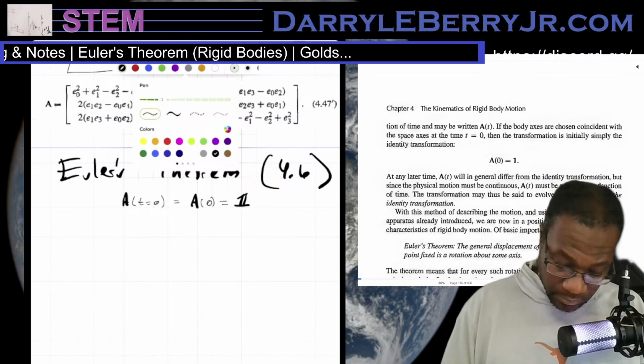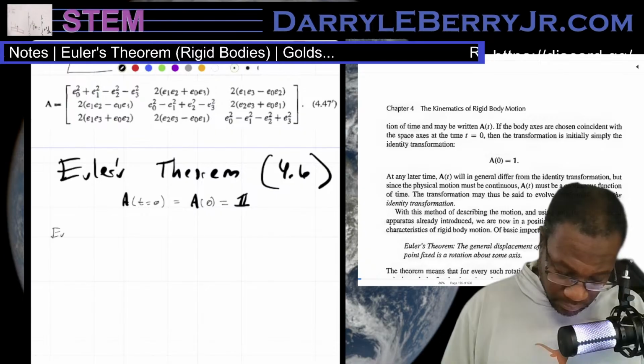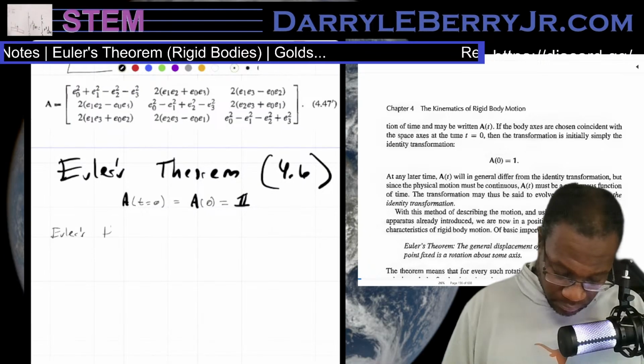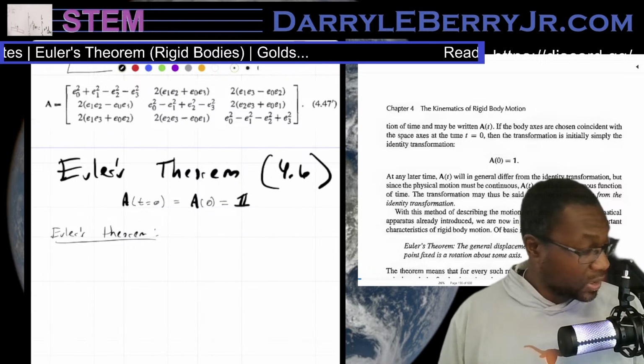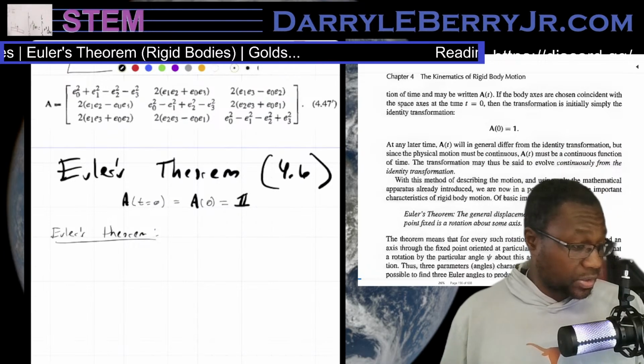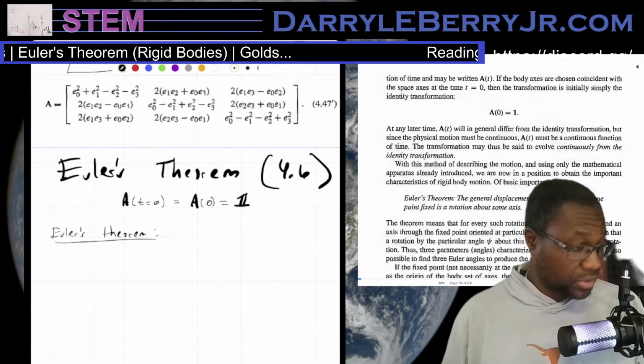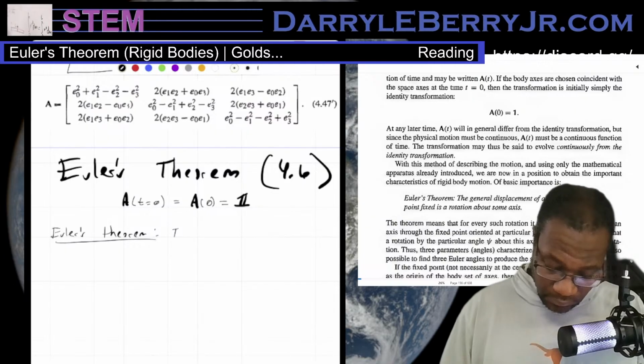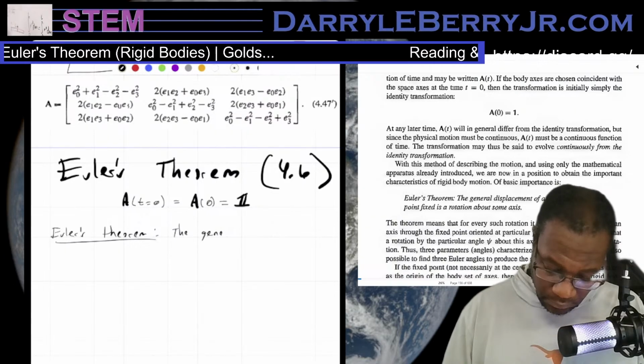Euler's theorem: the general displacement of a rigid body with one point fixed is a rotation about some axis.